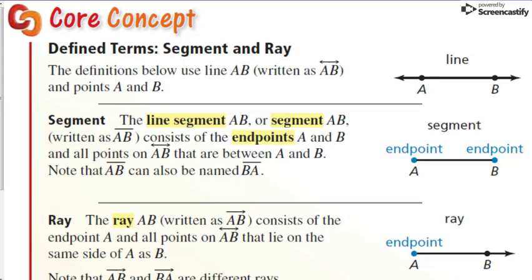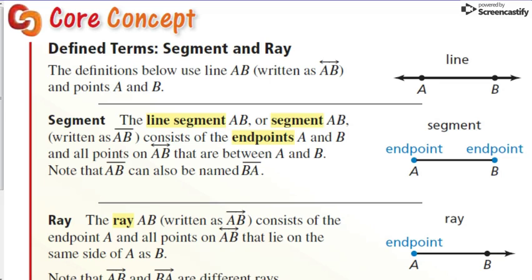All right, so defined terms would be a segment and a ray. So the definitions below use line AB and points A and B. So a line segment AB or segment AB consists of endpoints A and B. So there's a starting point and a stopping point, but they just call them endpoints, right?